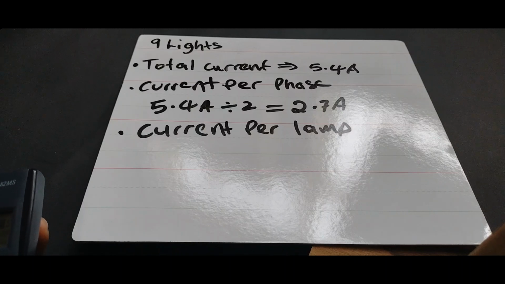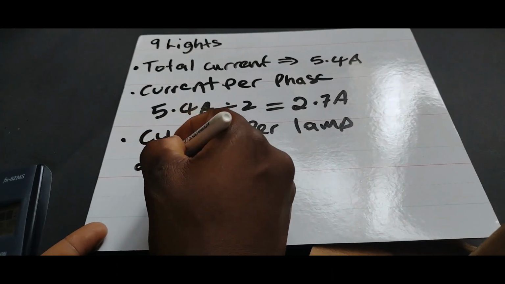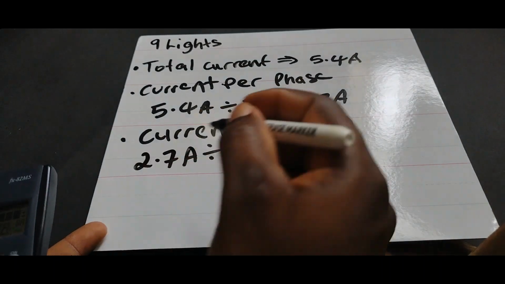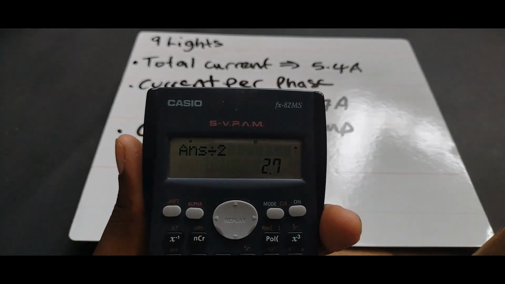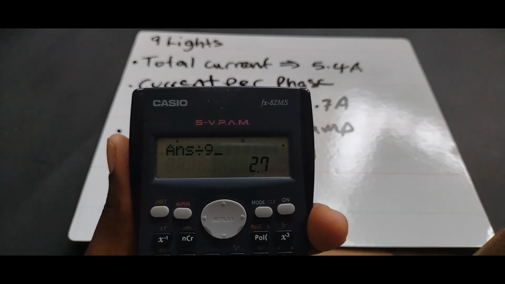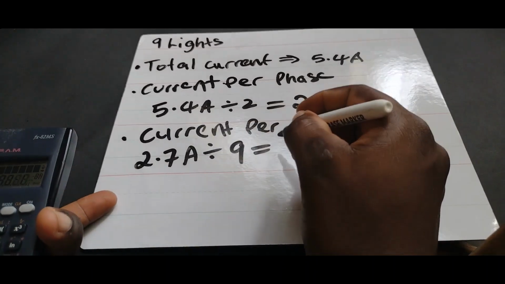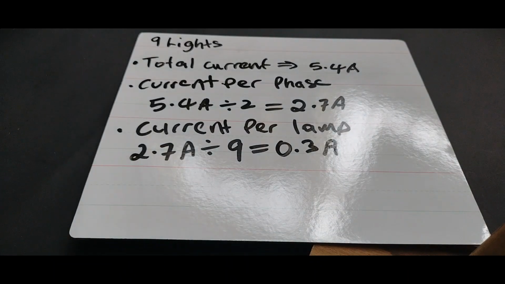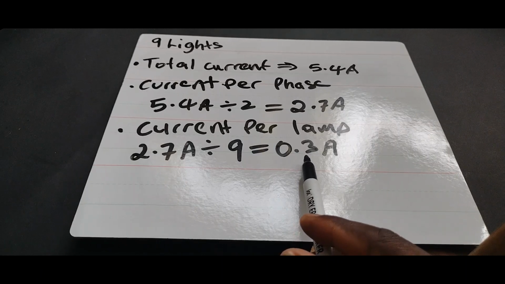Now the current per lamp on each phase is the current per phase divided by the amount of lamps. And just a point of note too, that each time you're doing this calculation and you do the current per lamp, you will always arrive at 0.3 amps.